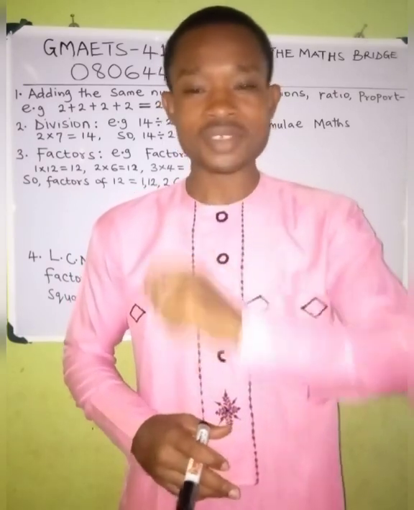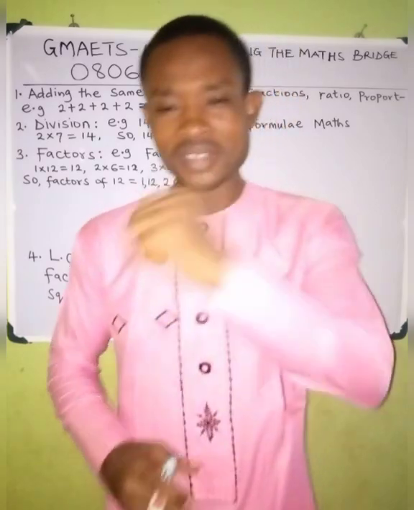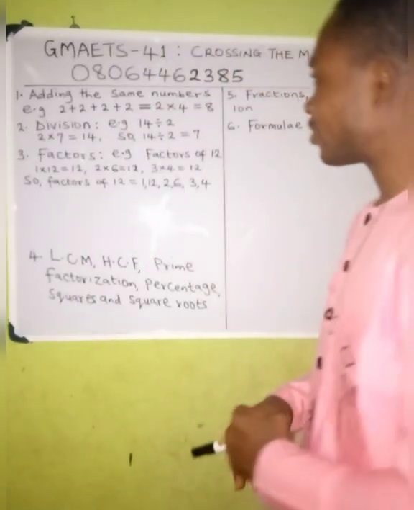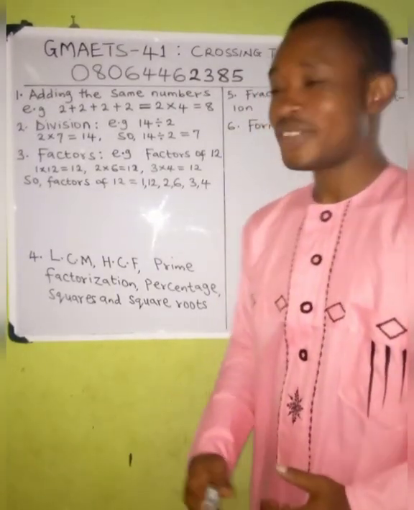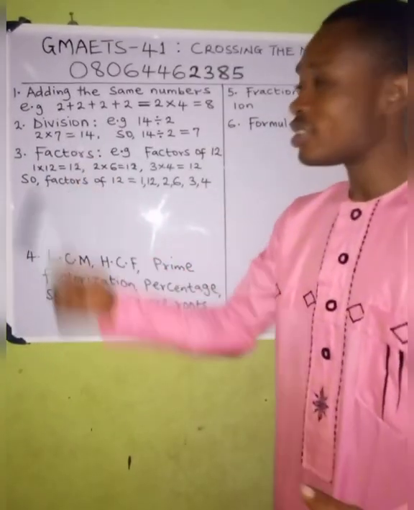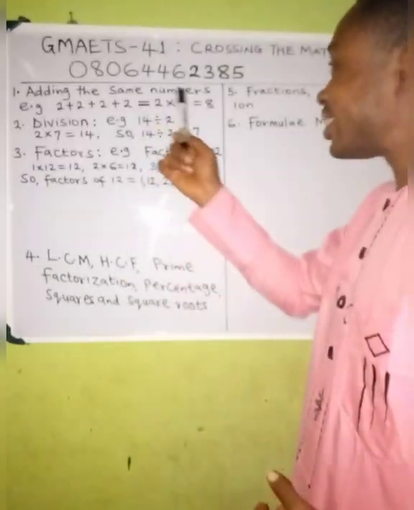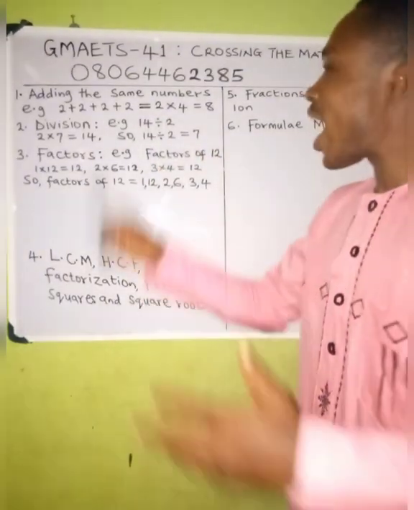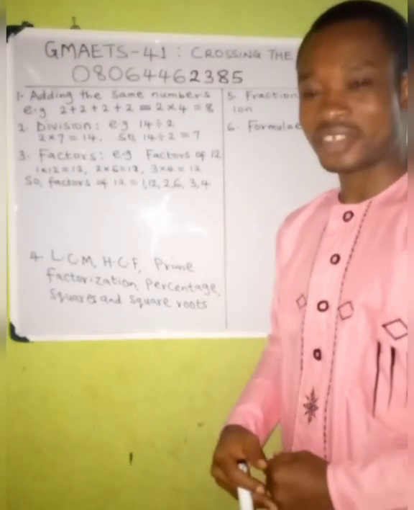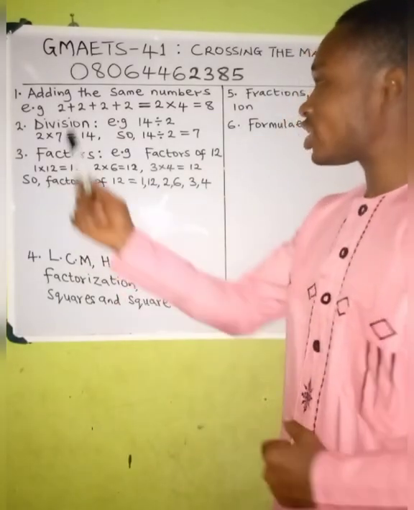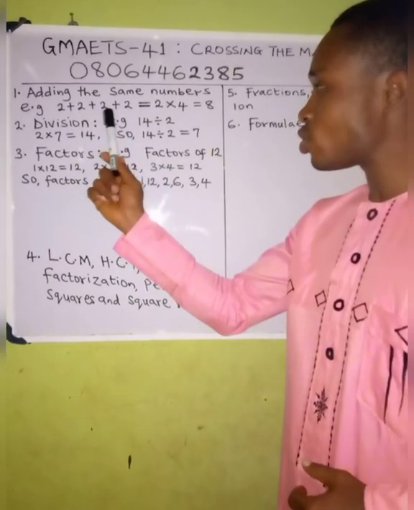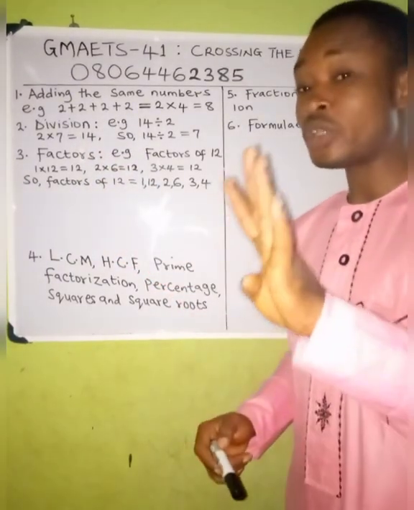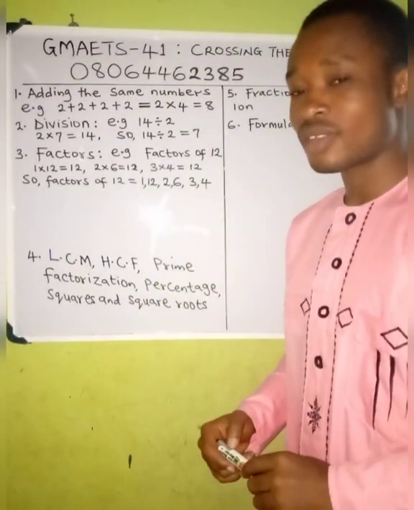Just how important is multiplication? Please, let's watch the board. You can see some topics written on the board. We have addition of numbers, the same numbers. How does multiplication work here? Just imagine that you are given a question like 2 plus 2 plus 2 plus 2. This is 2 in how many places? 4 places.